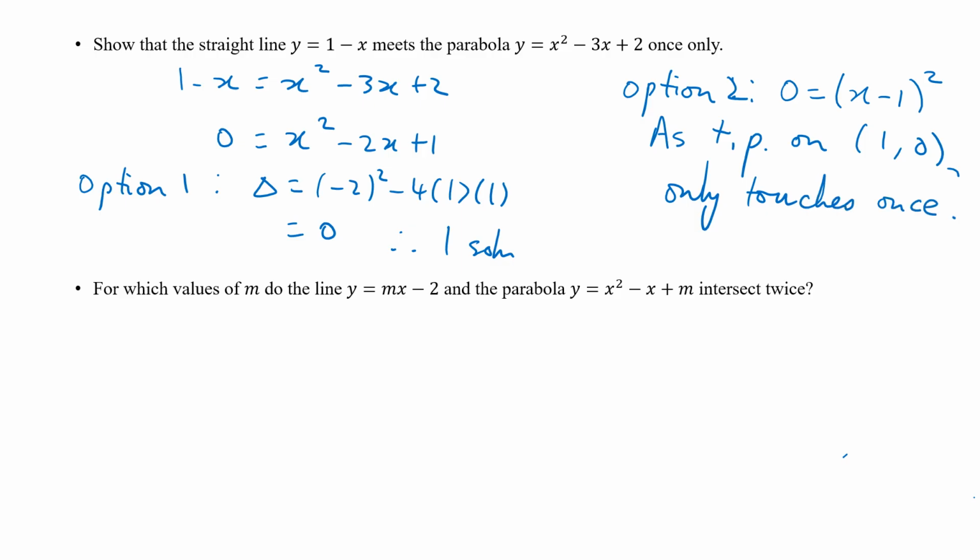Okay, so both are acceptable as long as you write down y. Alright, last one. For what values of m do the two lines, the line and the parabola intersect twice? So same thing as before, use your discriminant.